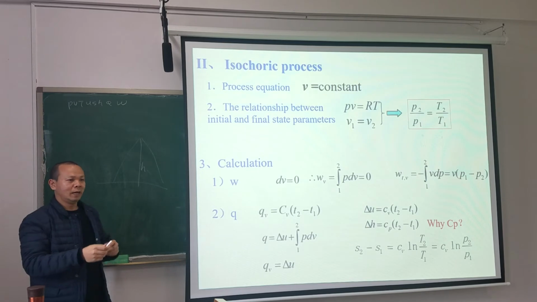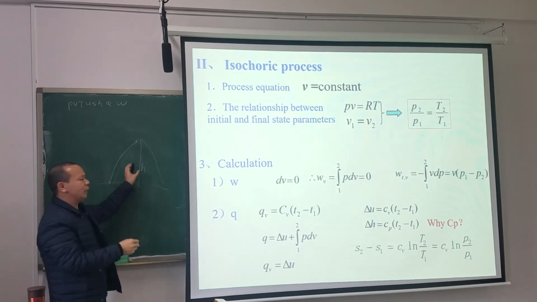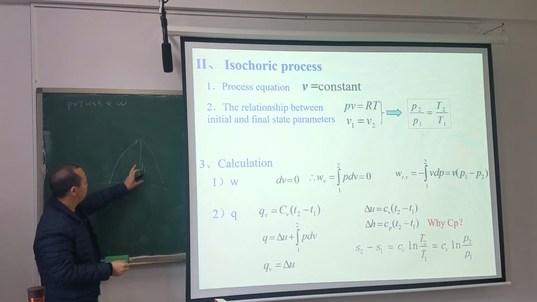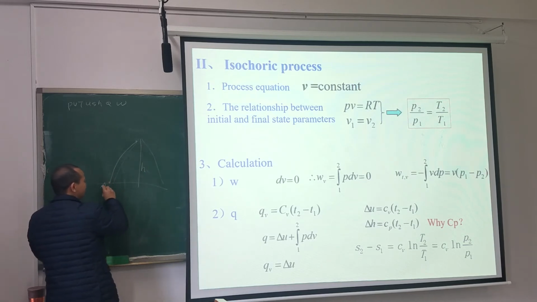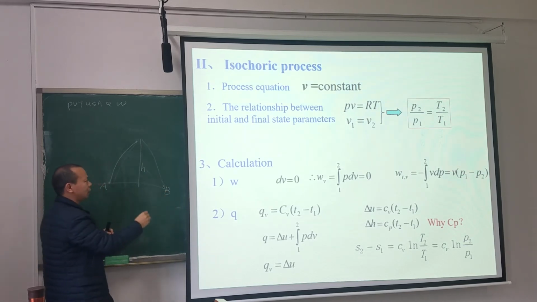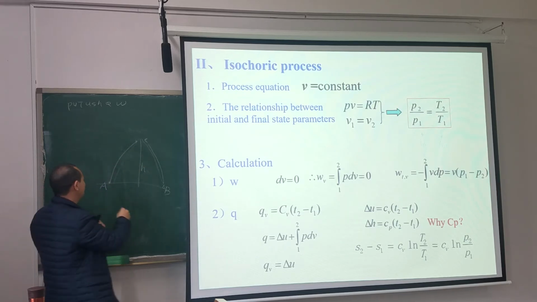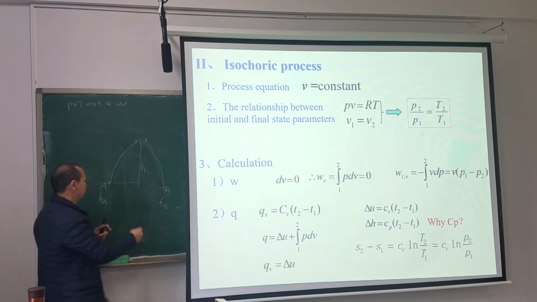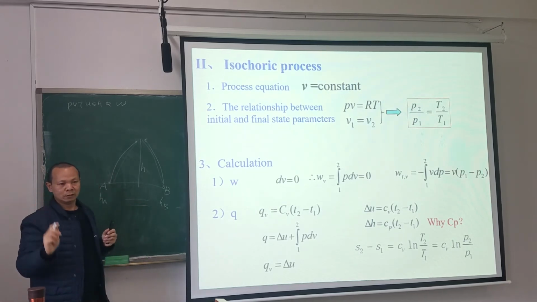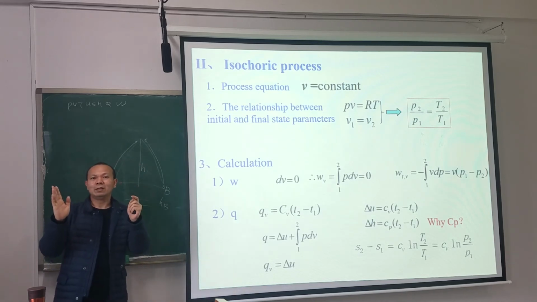Somebody, A, comes here, and then makes the height of the state parameter here, and another person, B, comes from there and makes the height the same. Maybe here is HA, and this one is HB. We all know HA is equal to HB. So this is what a state parameter is.